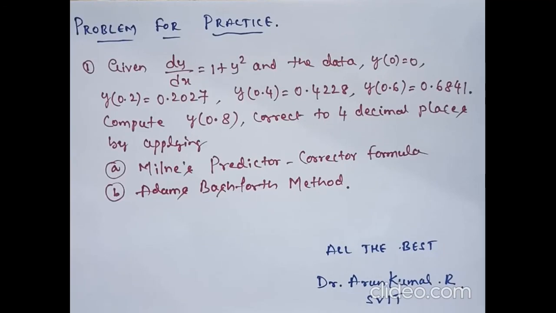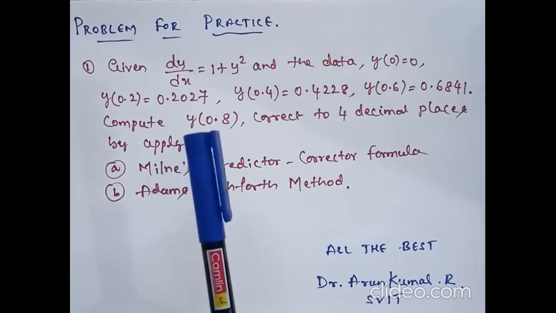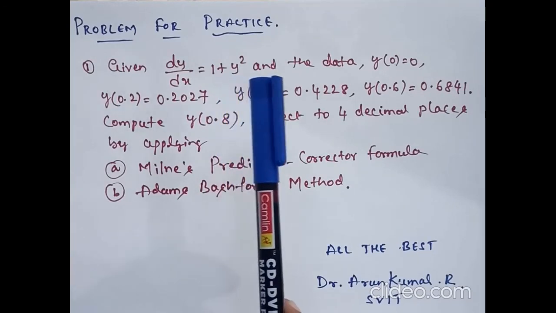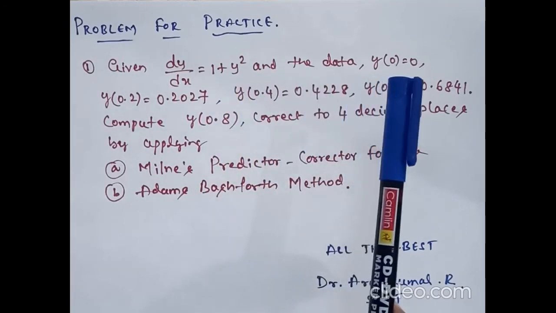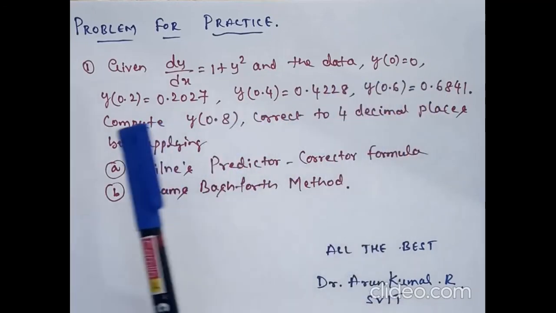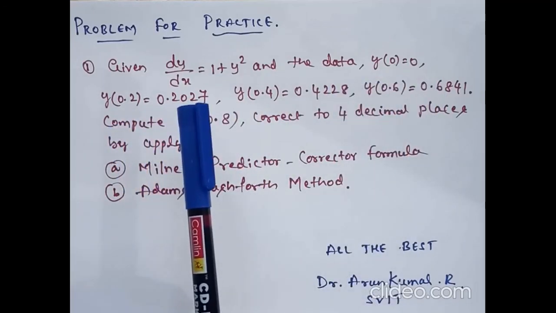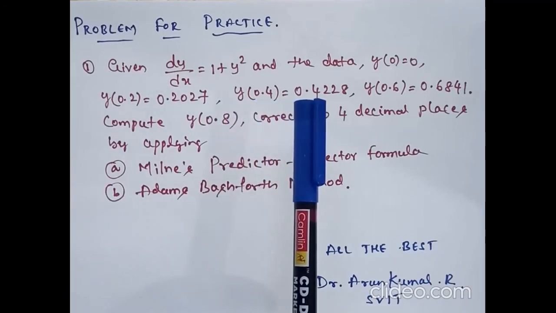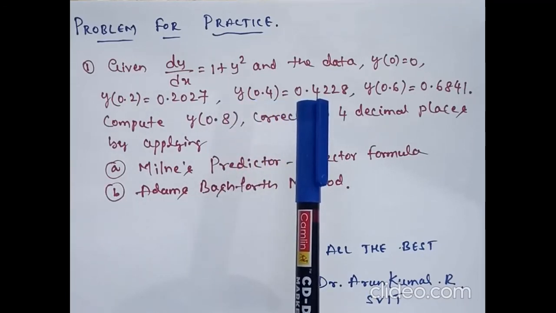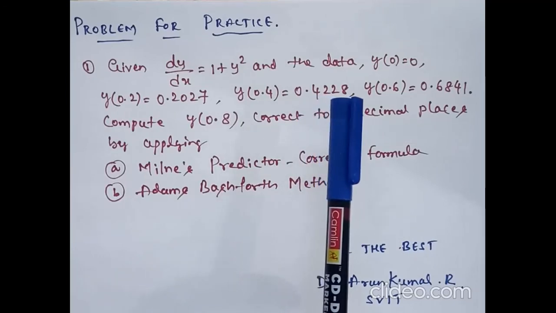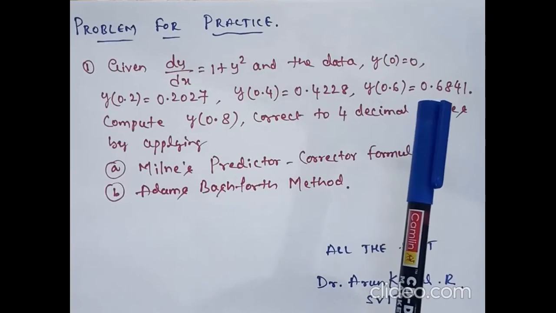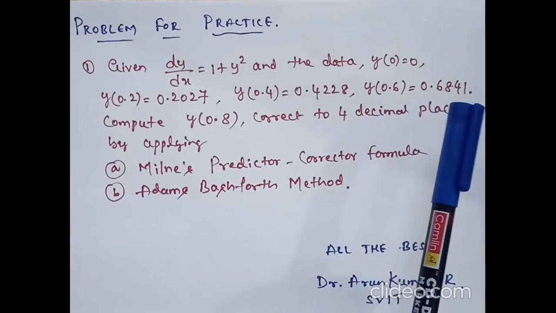Problem for practice. Given dy by dx equals 1 plus y square and the data y of 0 equals 0, y of 0.2 equals 0.2027, y of 0.4 equals 0.4228, y of 0.6 equals 0.6841.